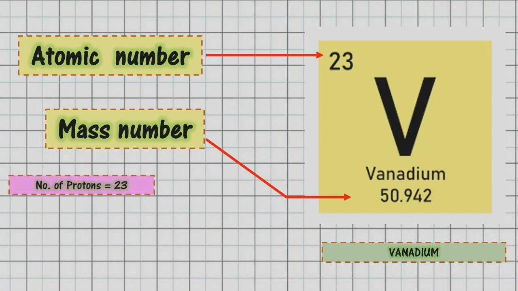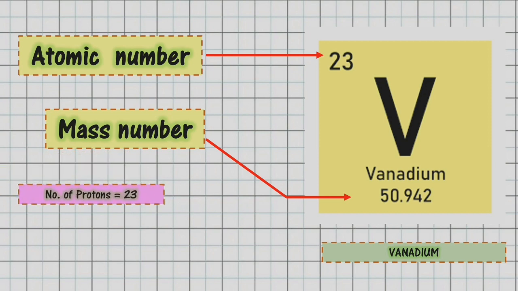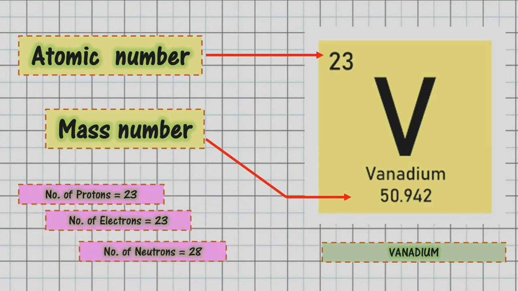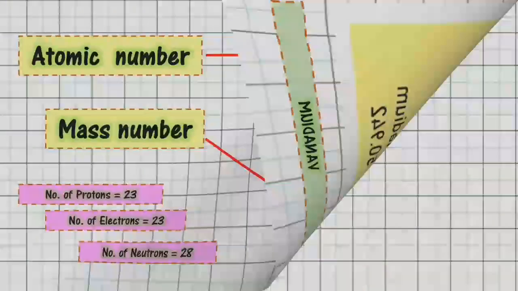So let us check. The number of protons is 23. The number of electrons is 23. And lastly, the number of neutrons is 28. So that's how you are going to get the number of protons, electrons, and neutrons.